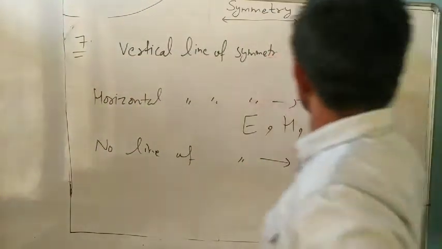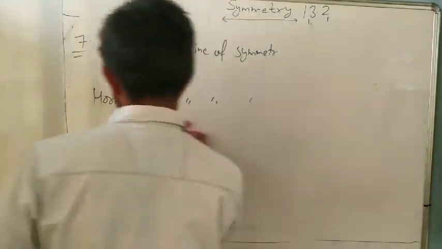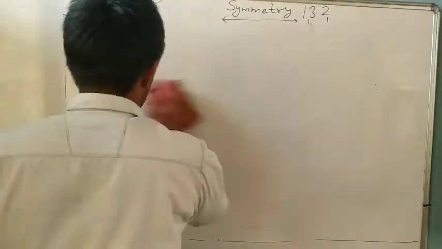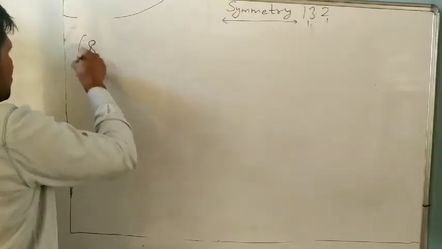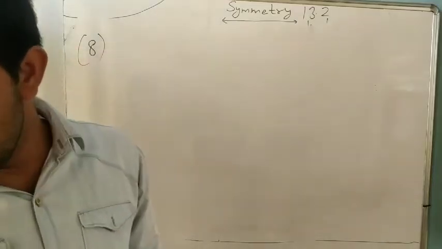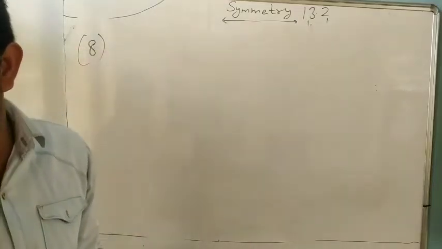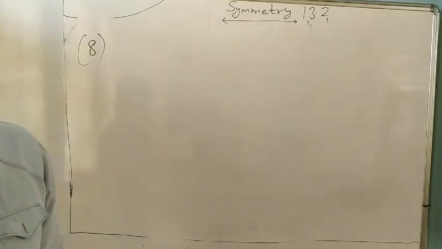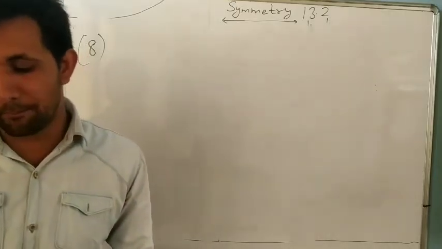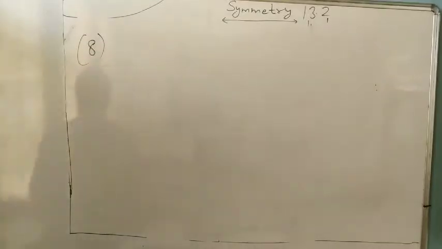Next, question number 8. Given here are figures of a few folded sheets with designs drawn. Draw a rough diagram of the complete figure as you would have seen it in the design.